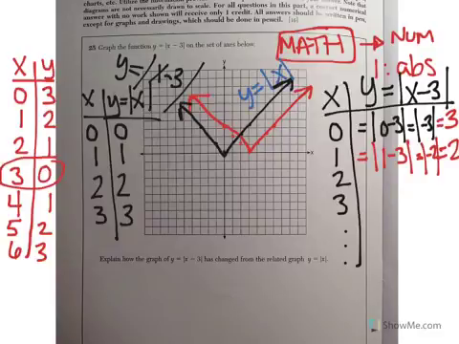It says explain how the graph of y equals absolute value of x minus 3, that's my red graph, has changed to the graph of y equals the absolute value of x.